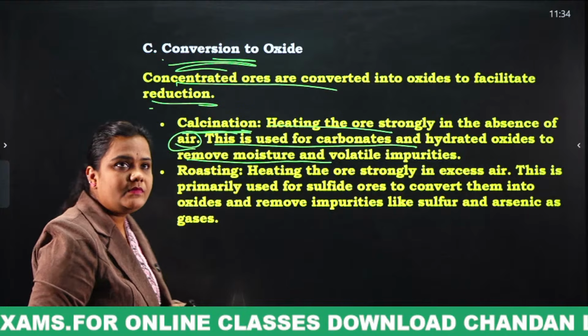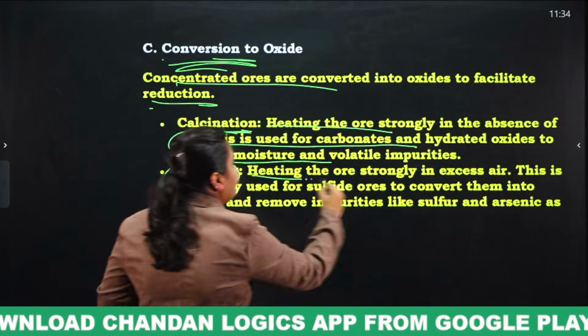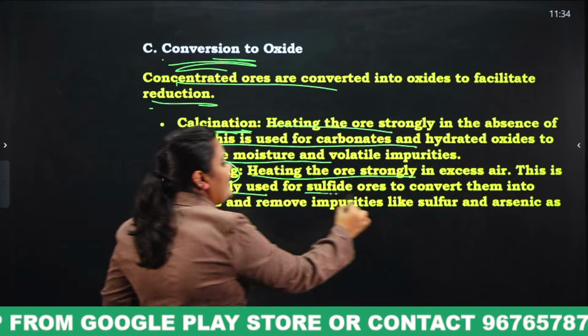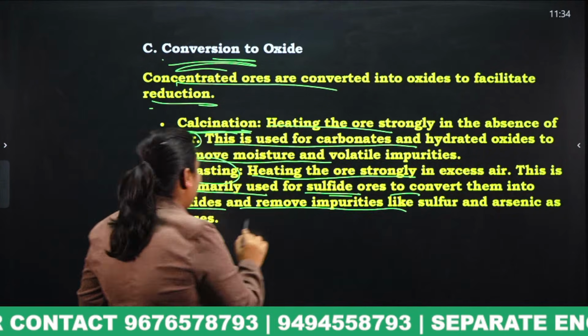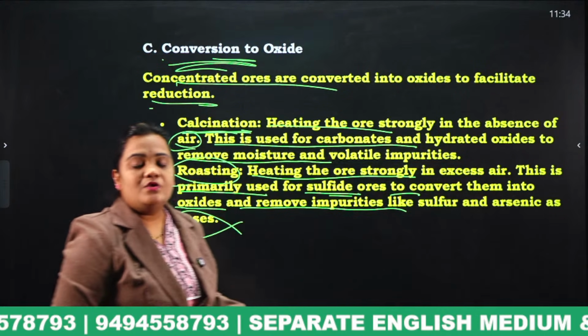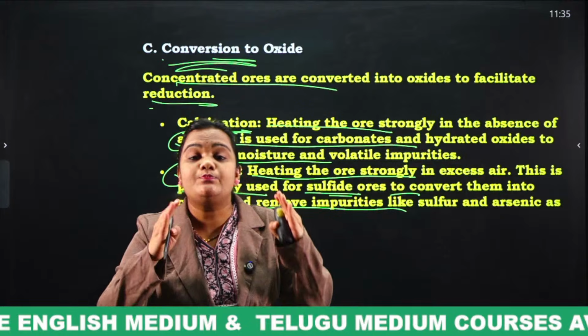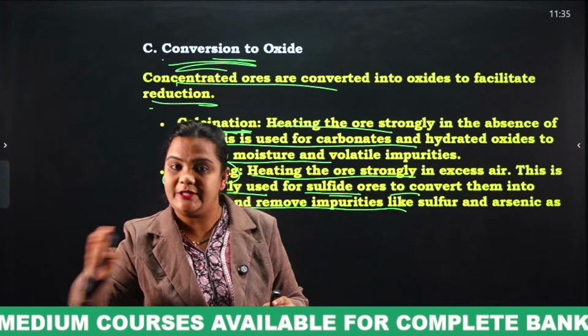Next, roasting. Roasting is nothing but heating the ore strongly in excess air. This is primarily used for sulfide ores to convert them into oxides and remove impurities like sulfur and arsenic as gases. So this roasting process is especially useful for sulfide ores in order to remove the impurities.